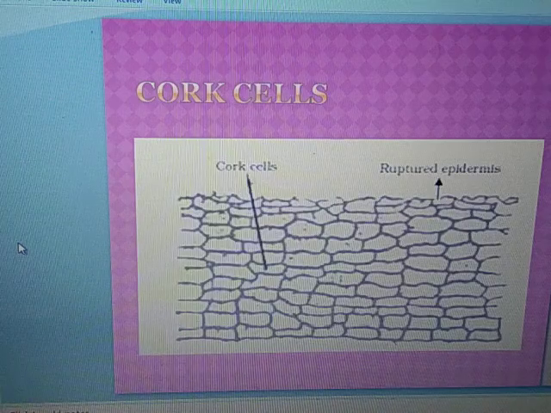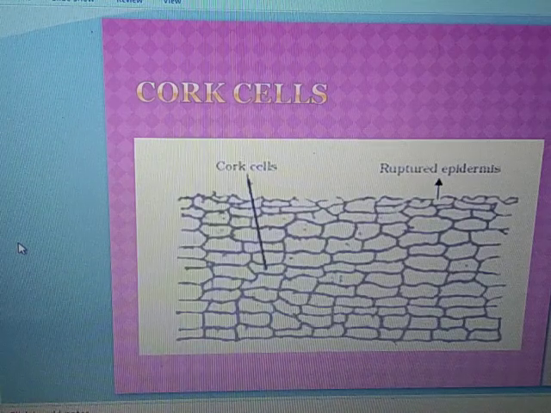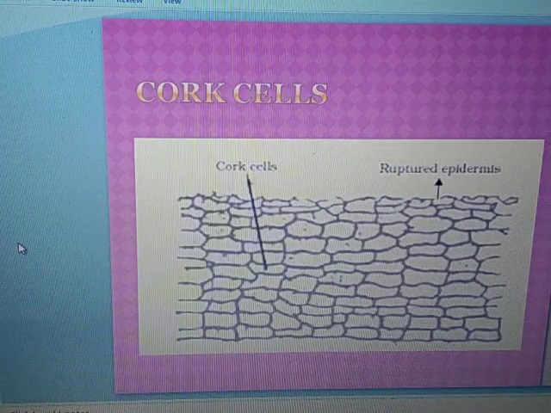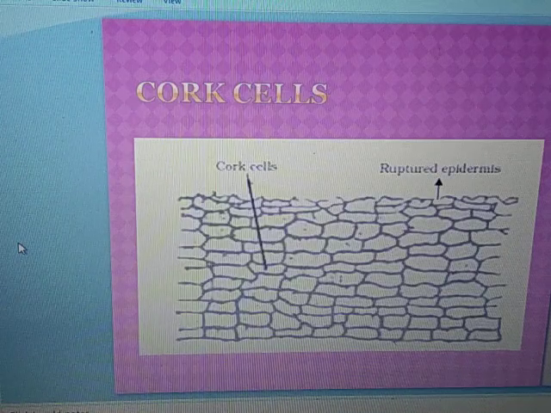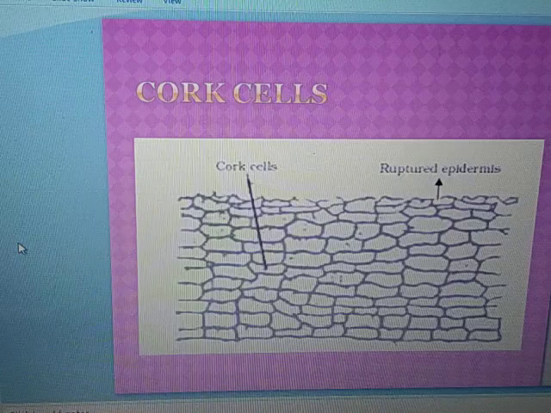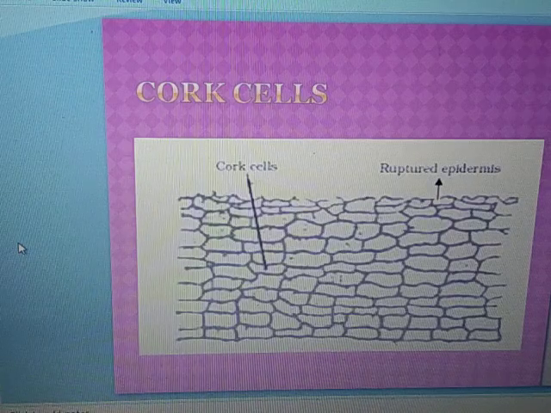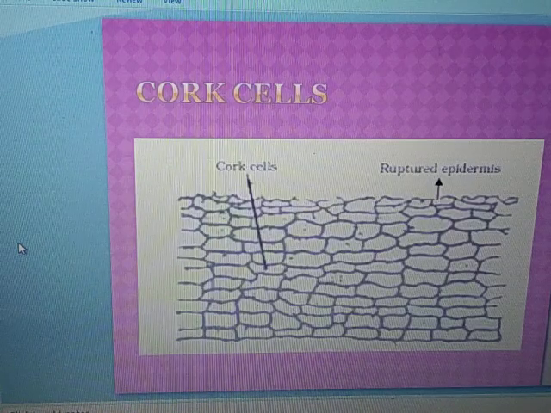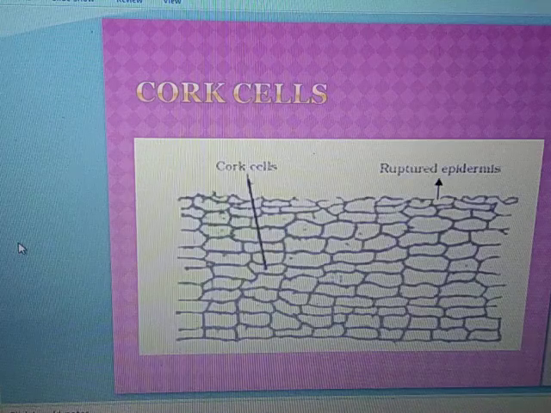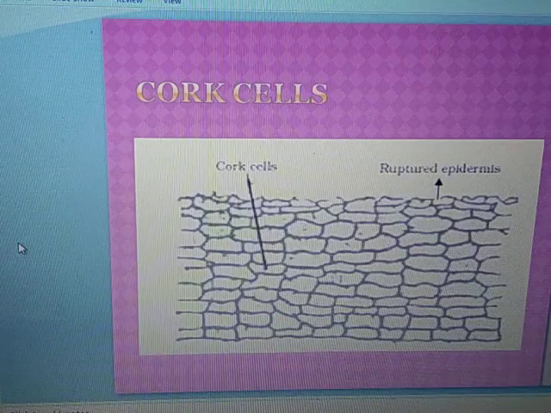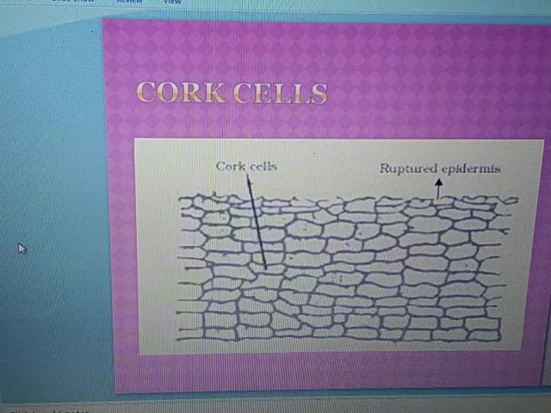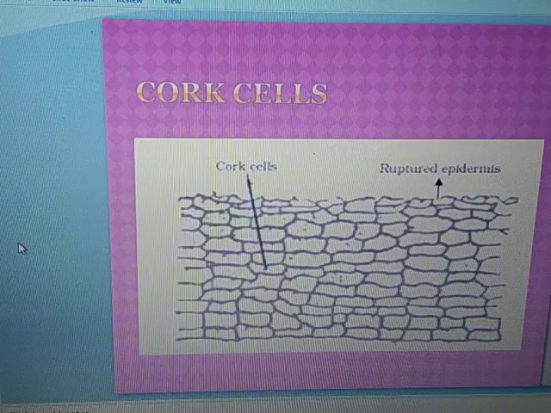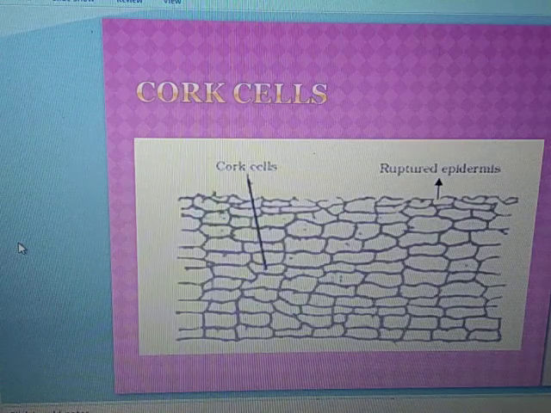Cork cells, or the bark, are formed by the separation of the epidermal layer from the newly formed epidermal layer. That means the older epidermal layer slowly becomes dead and moves away, and new cells are formed. In that way the older epidermal layer forms the new outer layer, which is called the cork cells.